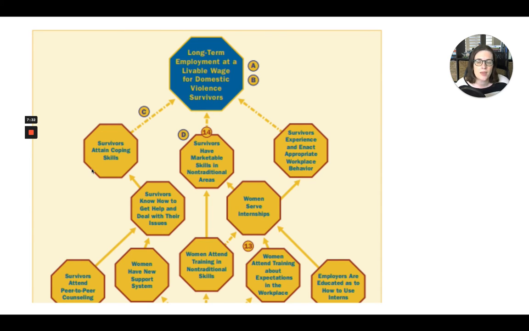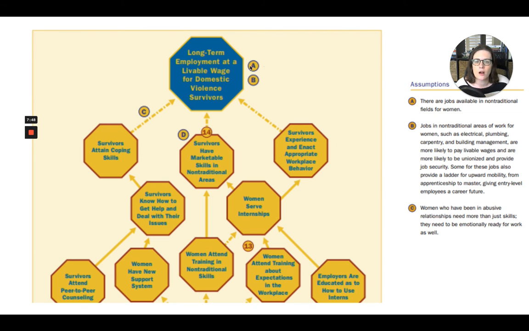Now, these are not behaviors that you can actually instill as part of your program's interventions. There are certain things that certainly can help, that can lead to this, but it's not something that you directly influence. In the diagram, there are these letters, and these letters are the articulation of the assumptions of the program.